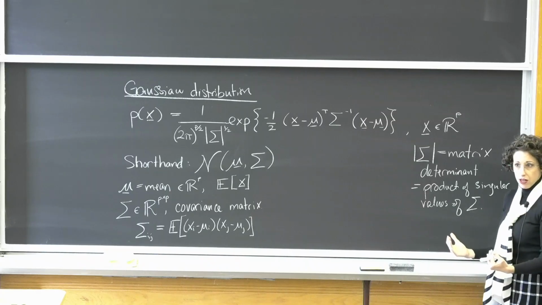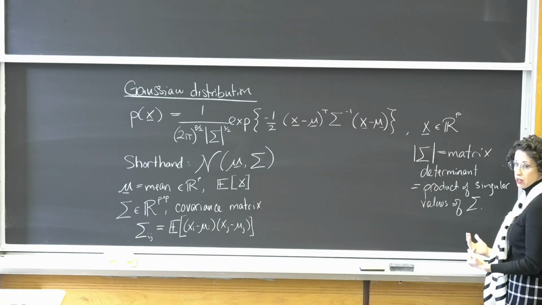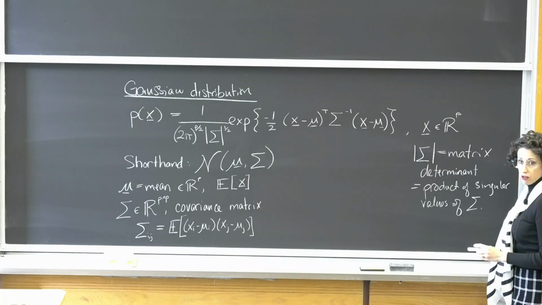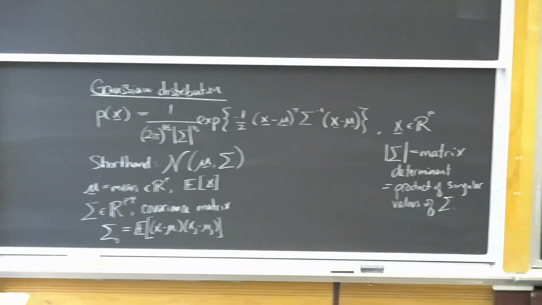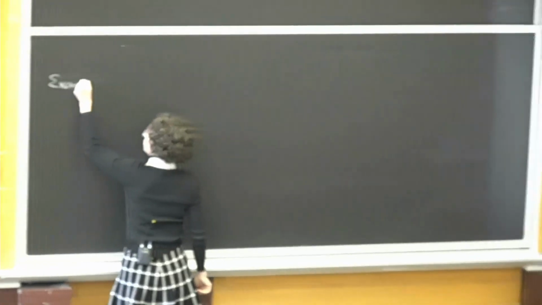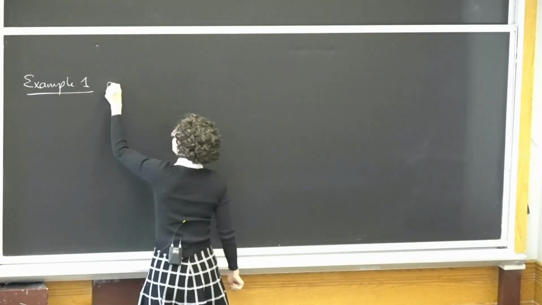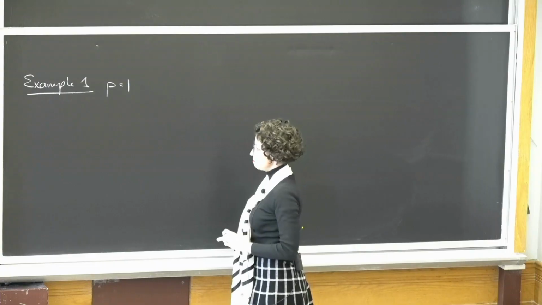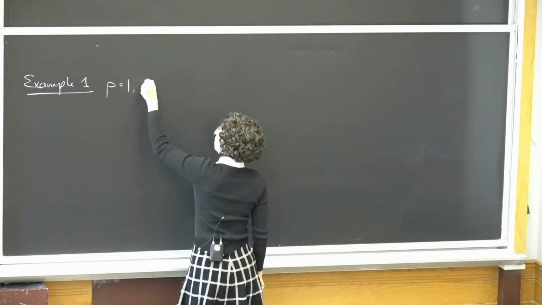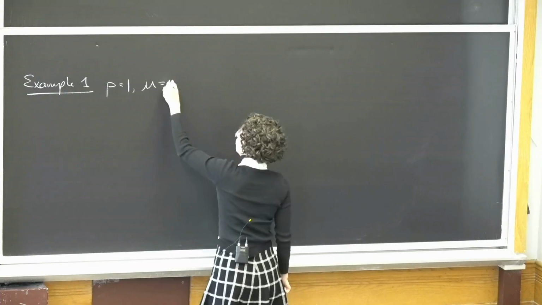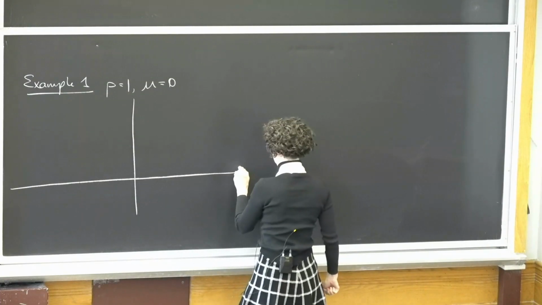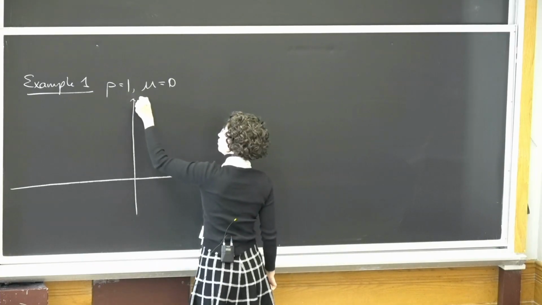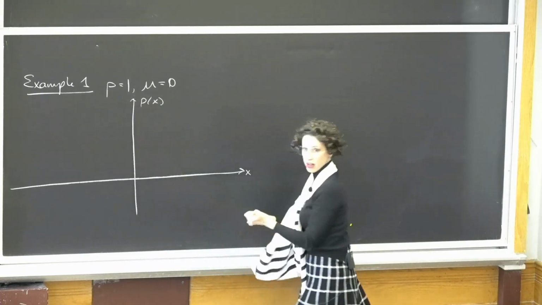Okay, so to make this a little bit less abstract and hopefully more intuitive, I want to show you several examples. So for our first example, we are just going to work in one dimension, and I'm going to have mu equal 0, the mean, and I'm going to make a plot as a function of x of this distribution function p of x.